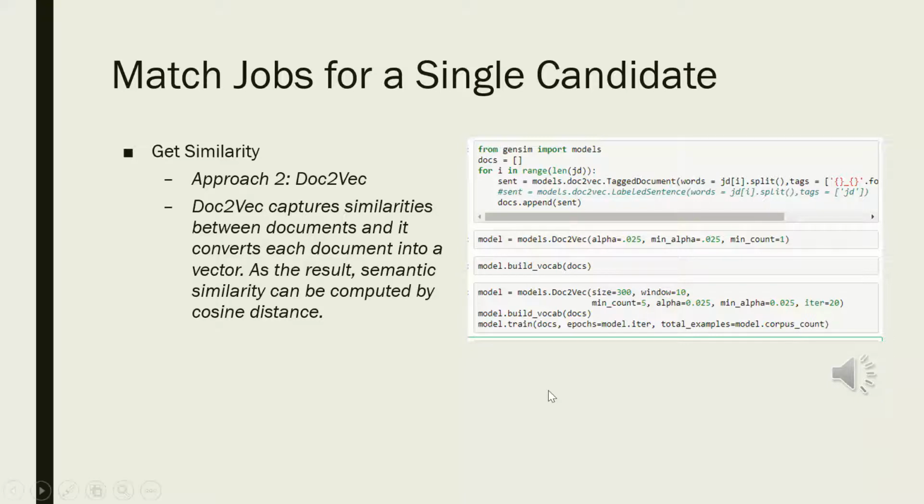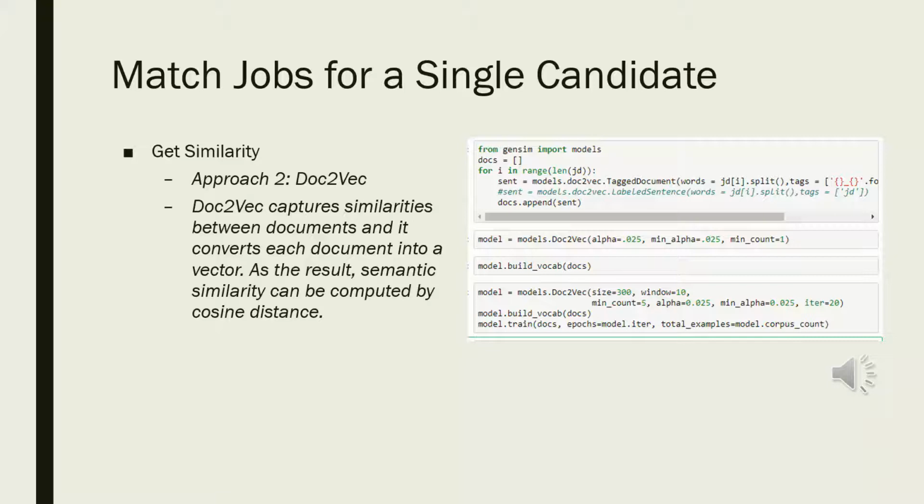To train the models, we identify several parameters: size equals 300, window equals 10, minimum count equals 5, and alpha equals 0.025. The size means the dimensionality of the feature vectors. The window means the maximum distance between the current and the predicted word within a sentence.